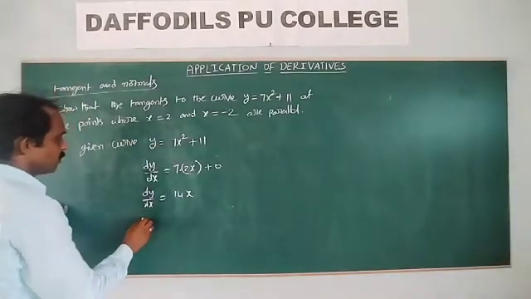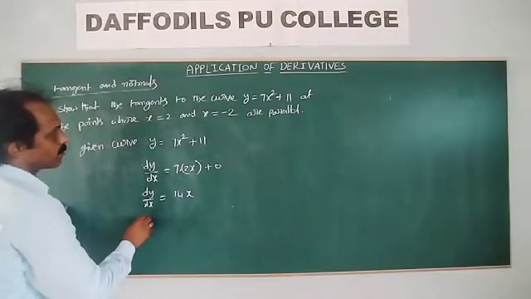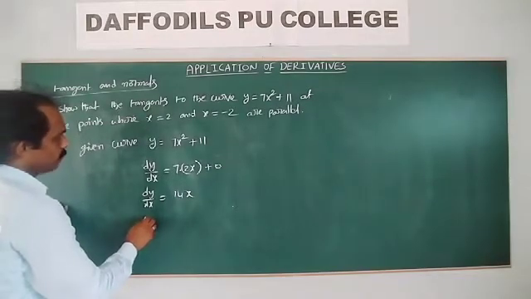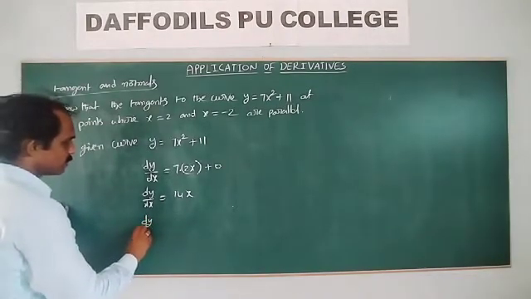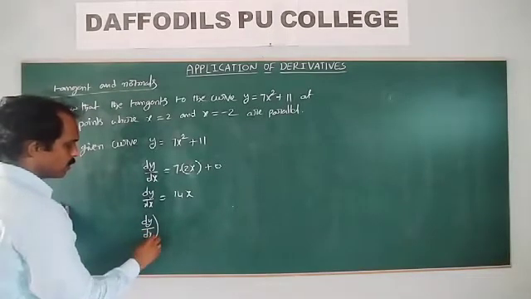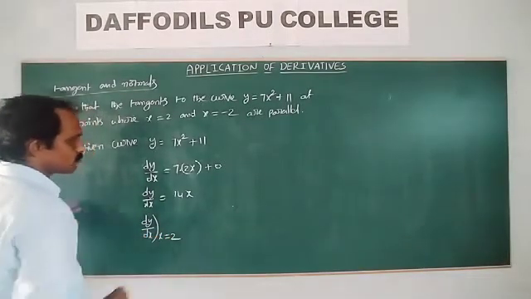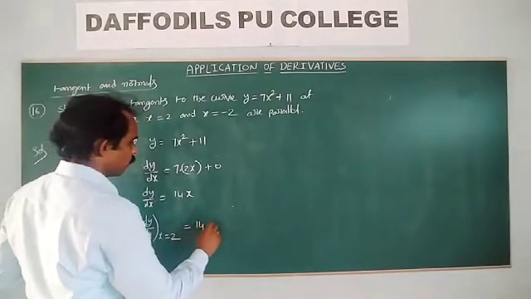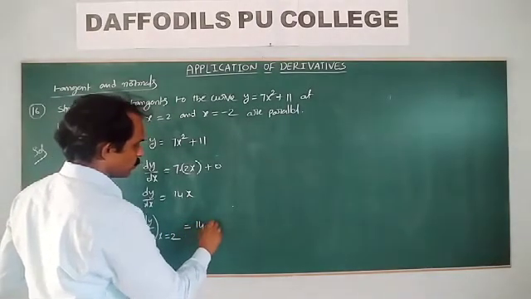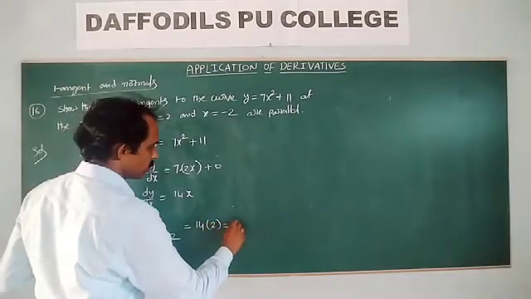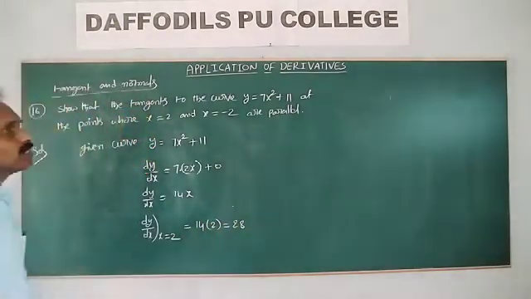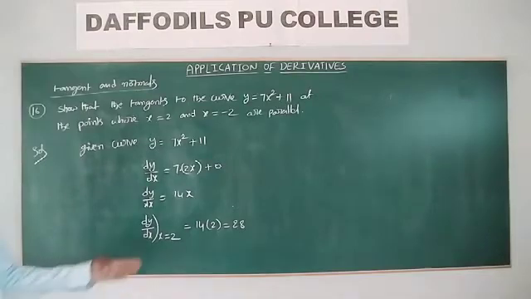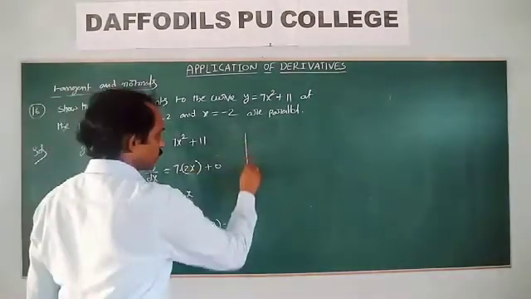Now, dy by dx at x is equal to 2 implies 14 into 2, therefore the value is 28.